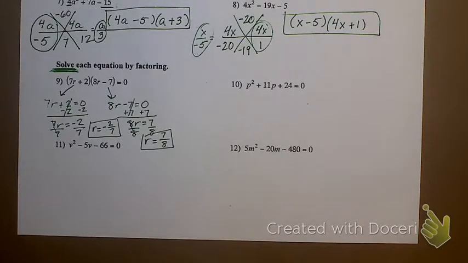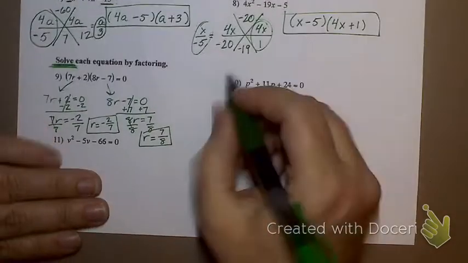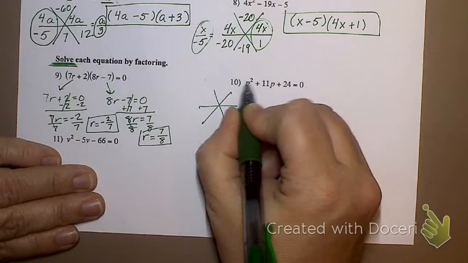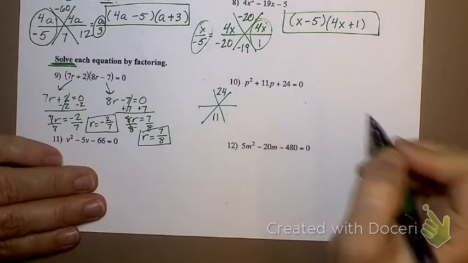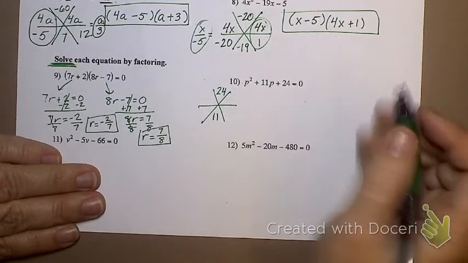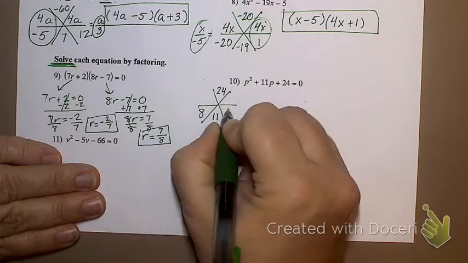All right, so let's look at number 10. Number 10 is not factored for us. So the first question I ask is there anything that all the terms have in common? Nope. So I need a snowflake. So if I snowflake this, 1 times 24 is 24, and 11 on the bottom. I need two numbers that multiply to get 24 and add to get 11. 8 and 3.